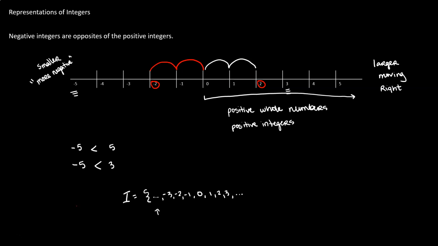And again, I'm using ellipses here to say that this list continues to the right. So now we have a couple different sets of numbers. We have the whole numbers, that's 0, 1, 2, 3, 4, 5, etc. We use a W to represent the whole numbers. And now we have the integers, which has all of the whole numbers inside of it, but adds the negative integers to it as well.